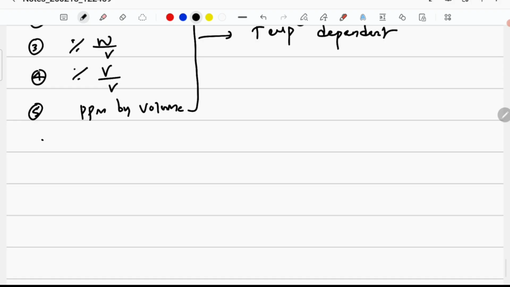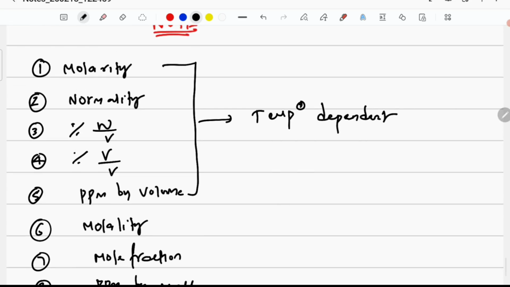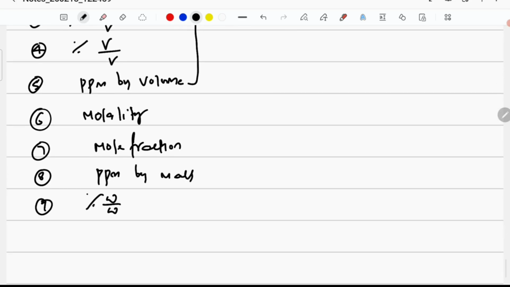Similarly, other terms like molality, mole fraction, ppm by mass, and W by W percentage. Here you mention clearly which is under which category.